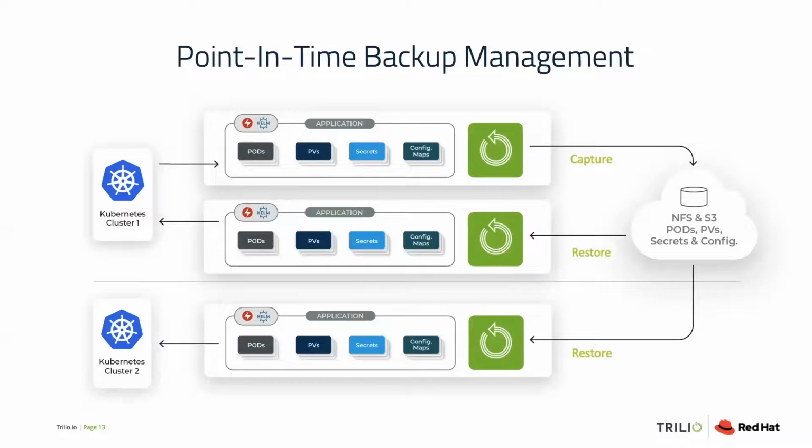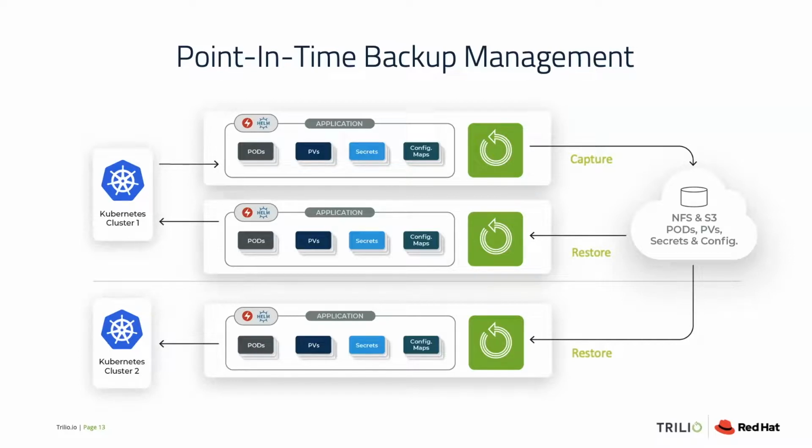No matter what your application is, whether it's defined as namespaces, labels, and operators, or independent objects, you can use TrilioVault and capture all of that from any namespace in cluster one, move it into a backup repository, and then from that backup repository, restore it or recover it into either the same cluster that you had captured it from into another namespace, or a completely different cluster as well.